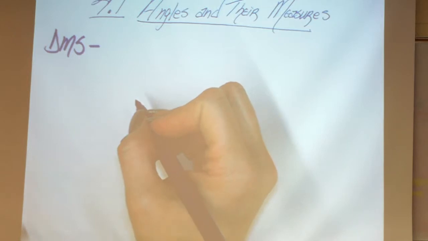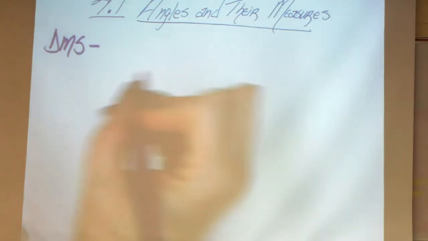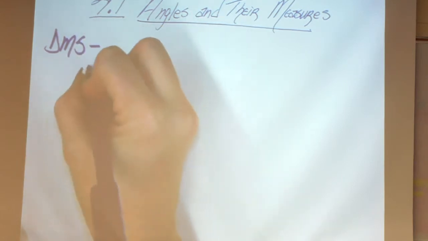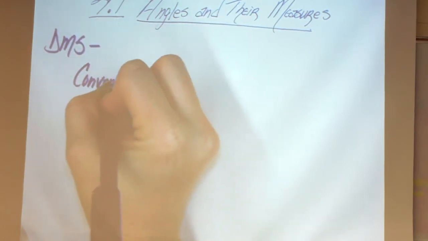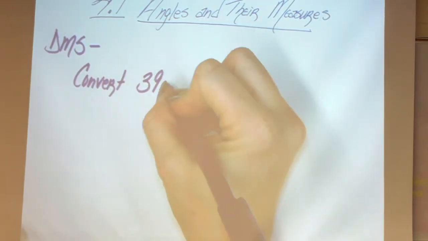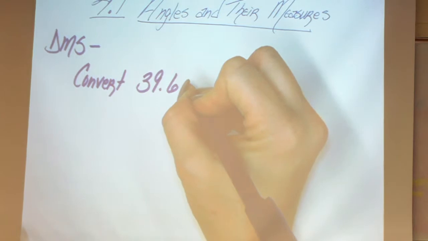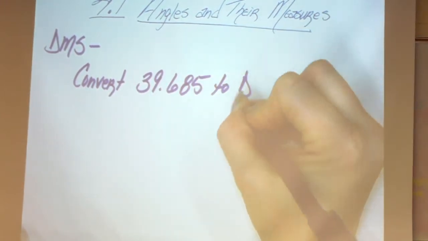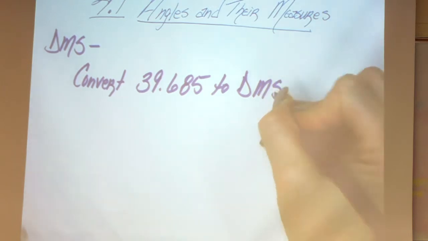showing an angle. Suppose you have an angle that's 37.5 degrees. We can convert that to degrees, minutes, seconds. Let's do a conversion. Convert 39.685 to degrees, minutes, and seconds.